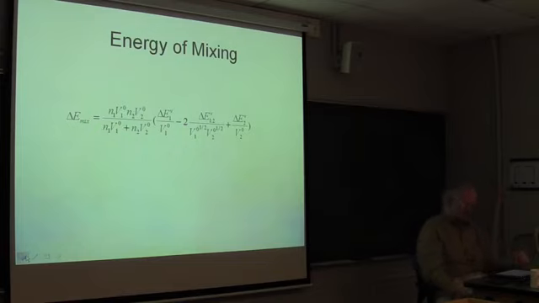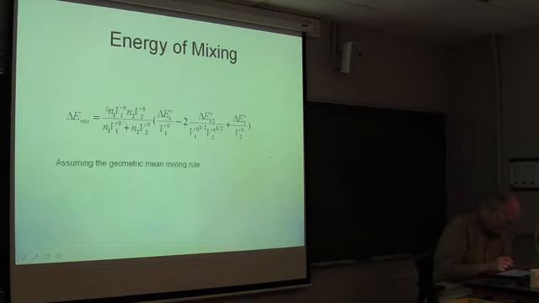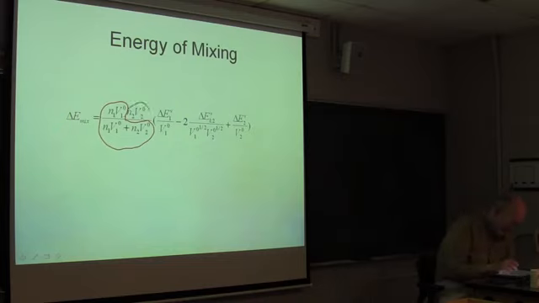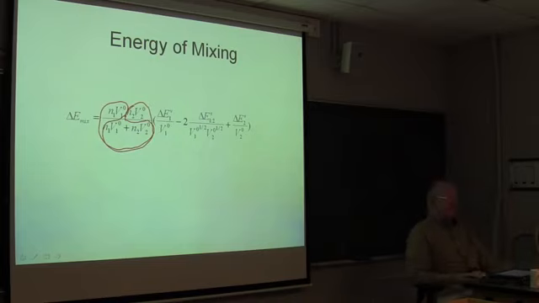The mixing equation is not hard to derive, it's just tedious, and I go through the description of where it comes from, but basically, this is the volume fraction of liquid 1, and this is the volume fraction of liquid 2.